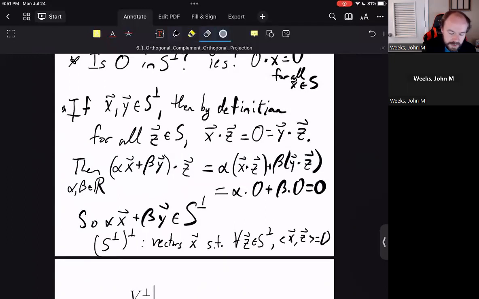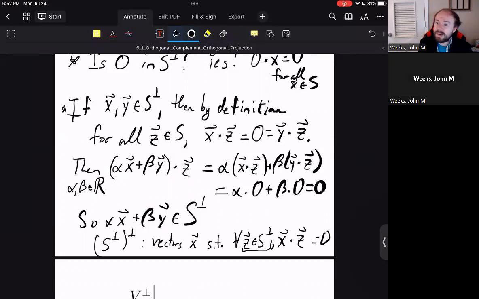What do we know about vectors z in S perp? If I take their dot product with elements inside of S, they're also equal to 0.